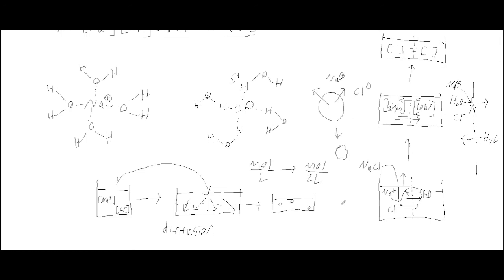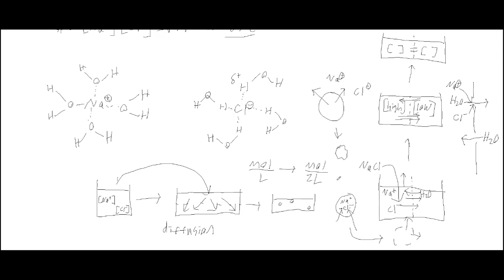And the opposite can happen too, where if your cell is in a solution that is lower concentration of sodium and chloride, then water from outside is going to move into your cell, which is going to cause your cell to get really big and burst, with all the contents sort of spilling out into whatever medium it's in.